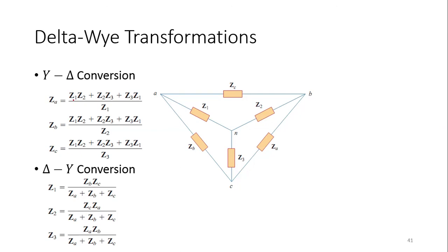The only difference is the representation of resistance and impedance. There we were only working with resistance, so we used R1, R2, R3 and RA, RB and RC, while here we use Z1, Z2, Z3, ZA, ZB and ZC for different impedances. Similarly, converting back from delta to Y is also possible using these relationships.